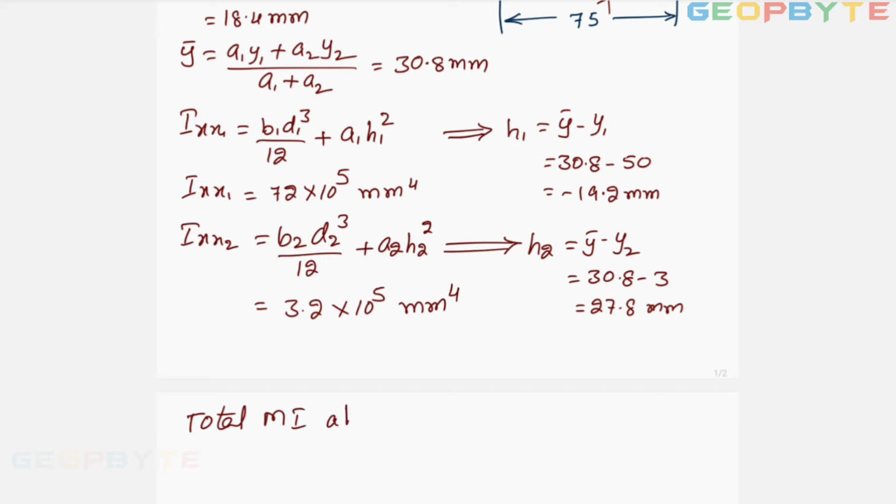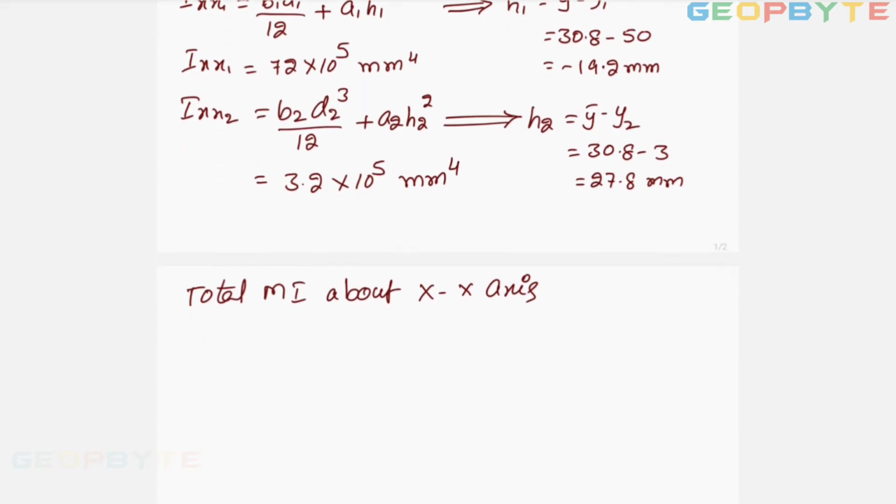Moment of inertia about x axis, Ixx equal to Ixx1 plus Ixx2. The answer I got is 10.4 into 10 raised 5. Simplify it, definitely you are getting the same answer.